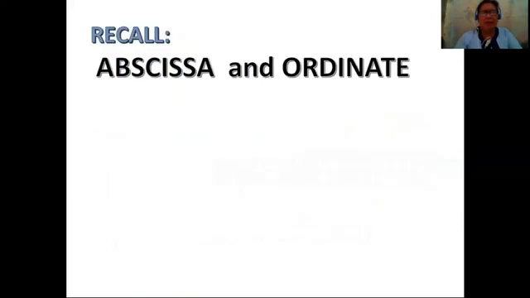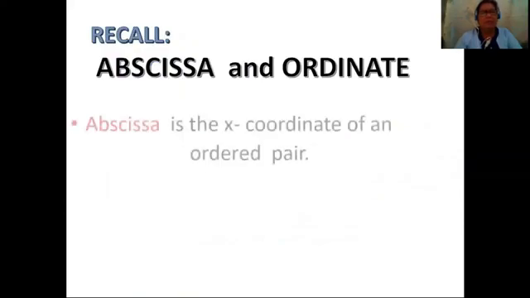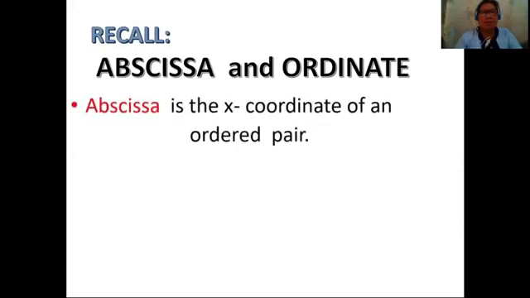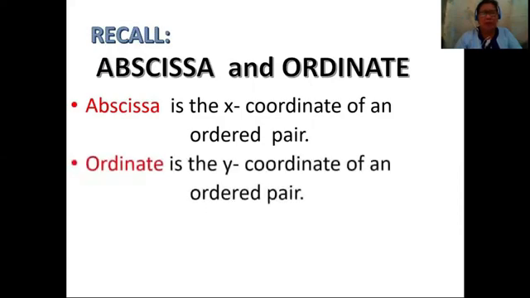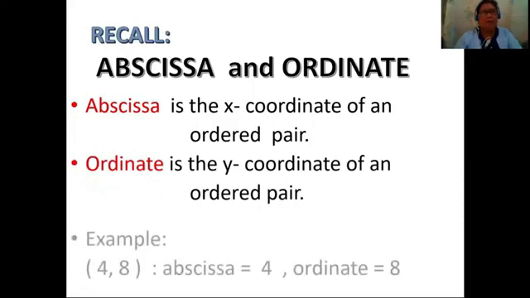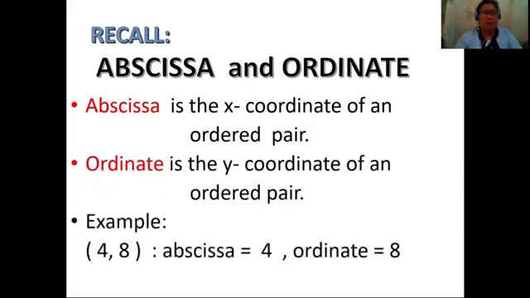And let us recall abscissa and ordinate. Abscissa is the x-coordinate of an ordered pair, while an ordinate is the y-coordinate of an ordered pair. For example, the ordered pair with coordinates 4 and 8.